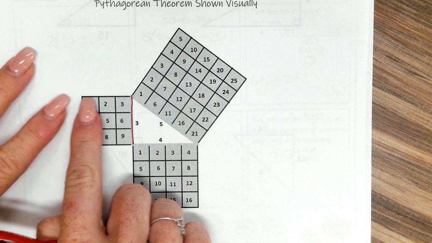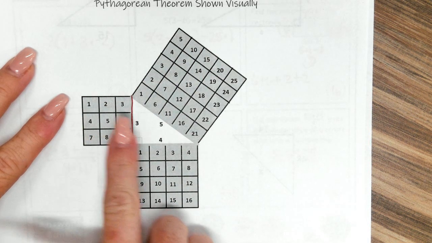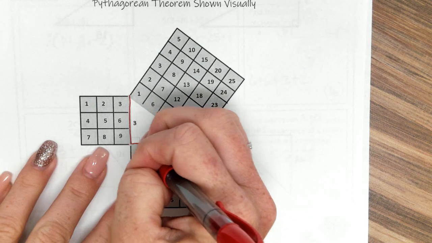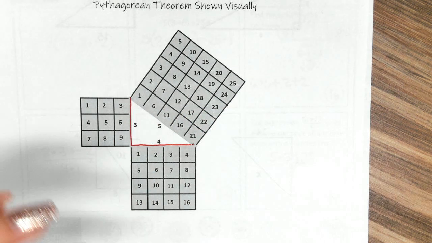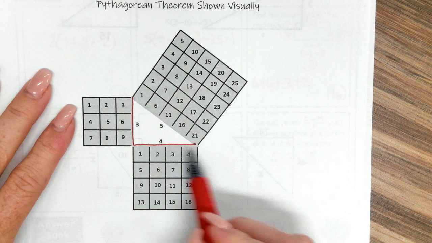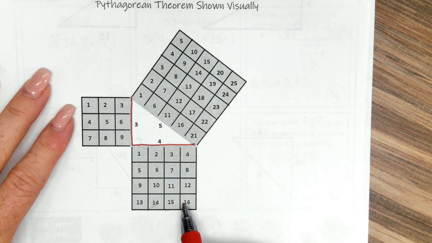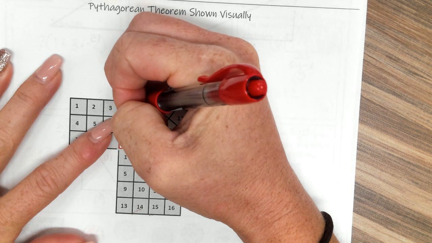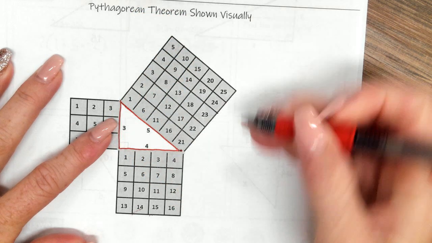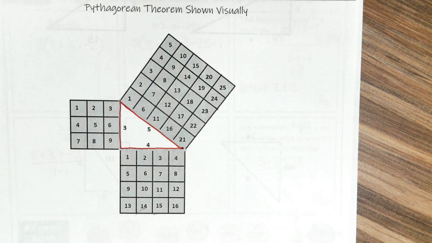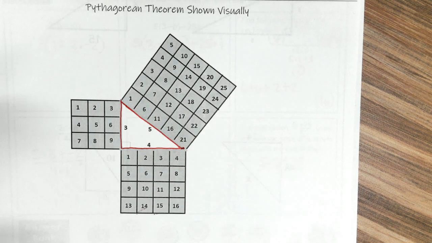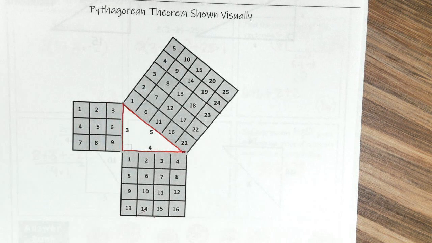That is the size of a square that would be attached to a side that's 3 units long. Then right here I have a side of 4 units long, and what's 4 times 4? So I have a square that's 16 units, yes? And then over here, the hypotenuse is 5 units long. So if I wanted to attach a square to it, 5 times 5 is? And so that's what this shows. Is everybody good with what the picture is showing?